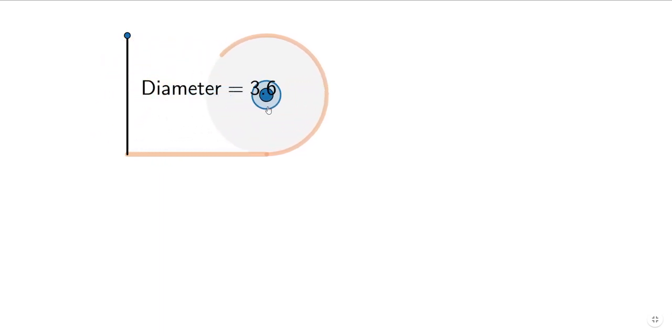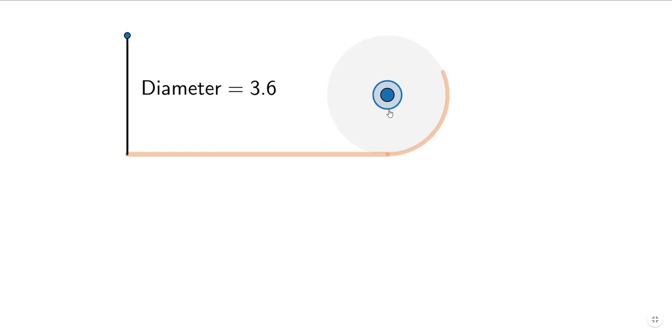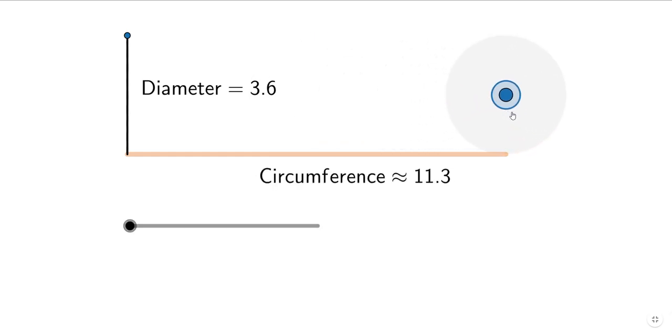So this skin color line is the boundary of this circle. The length of this boundary is 11.3. Okay, so what I'm teaching you right now is that there is a very unique relationship between the diameter and the circumference of a circle.